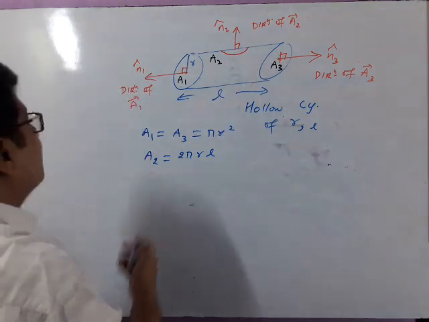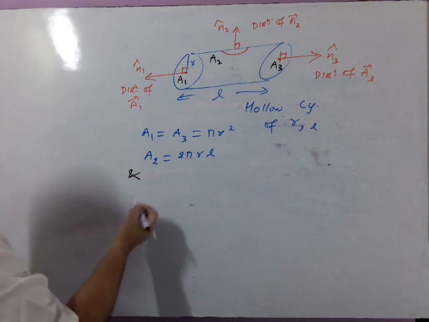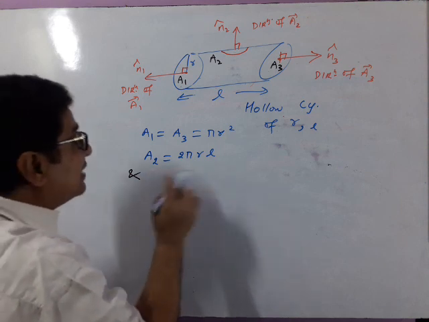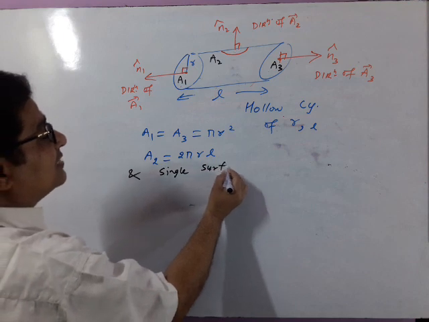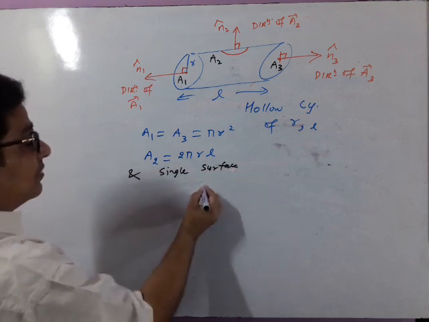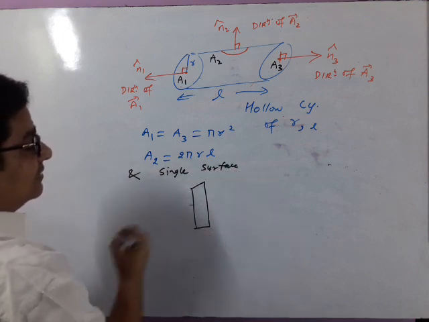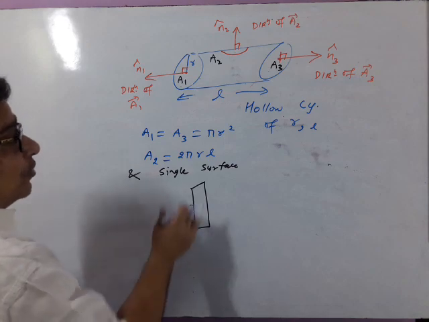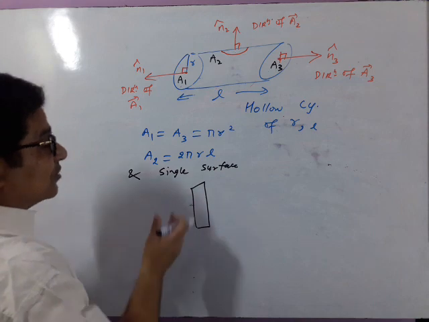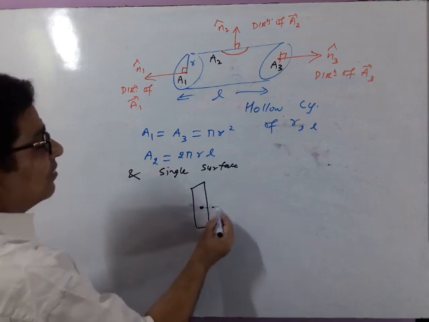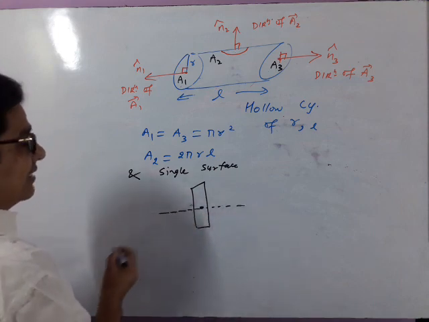Now another point is, if a single sheet, a single surface is given, then what will you do? Like, see, this is a single surface. For a closed surface, you can check outward or inward. For a single sheet, we say both ways it is correct.